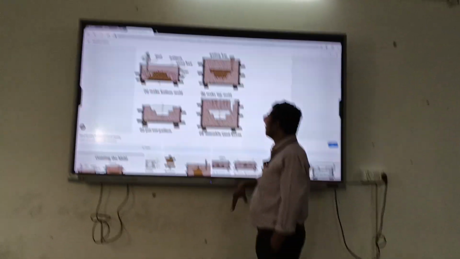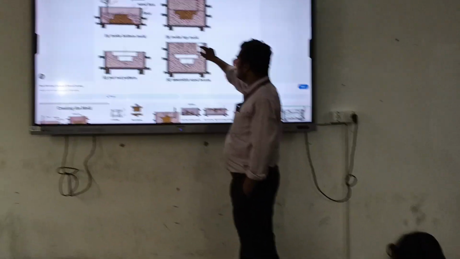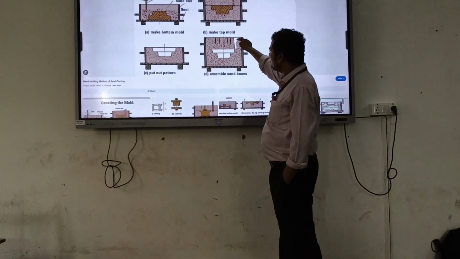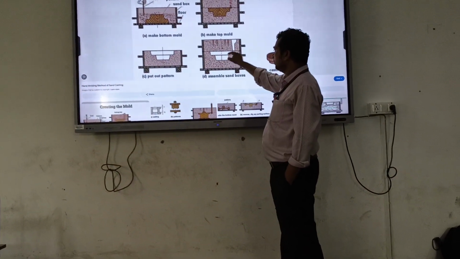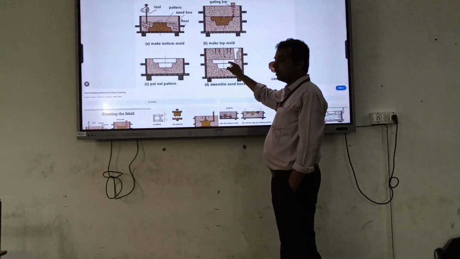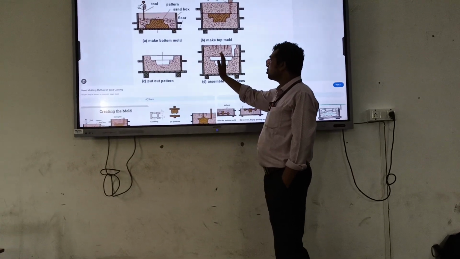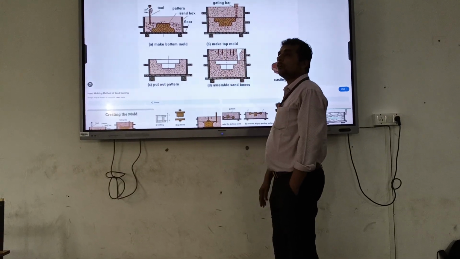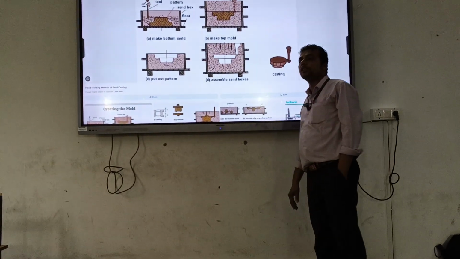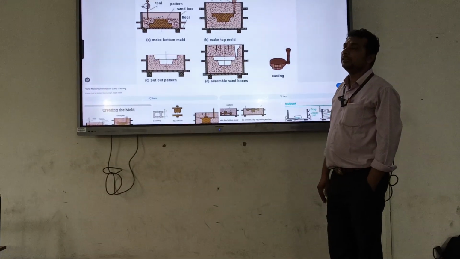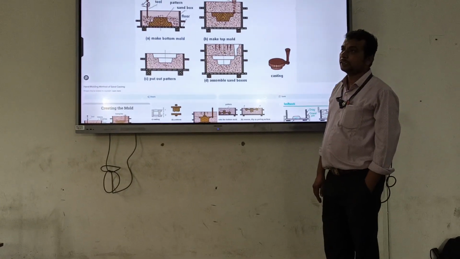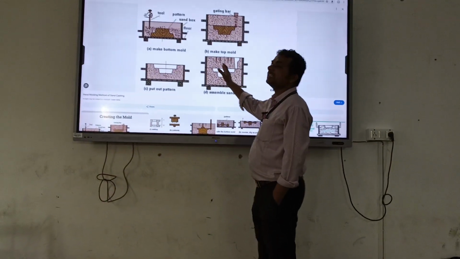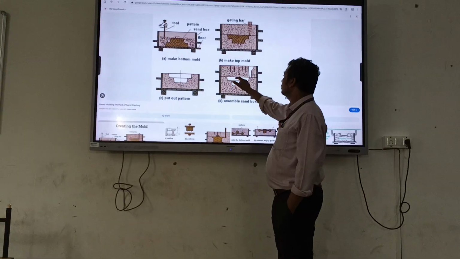After removing the pattern, molten metal we can pour into this section. Molten metal comes into the mold cavity, and we can also see what quantity is filled in this sand mold, easily with our eyes.